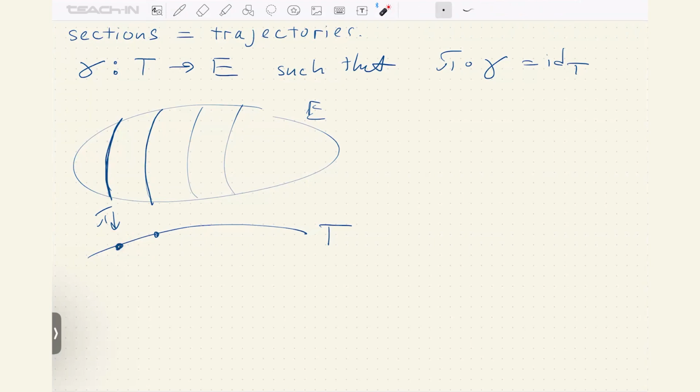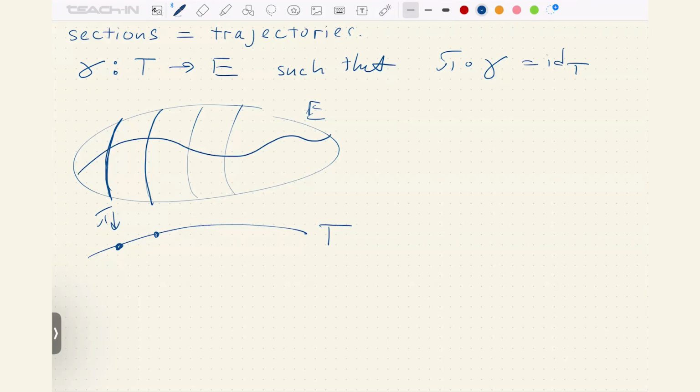So the terminology is: this fiber, which projects to this point, is called the fiber over this point because it projects there. So a section is like the opposite thing. A section takes this point and gives us a point in the fiber over it. So if we do it for each point, if everything is smooth, we get a submanifold here, right?